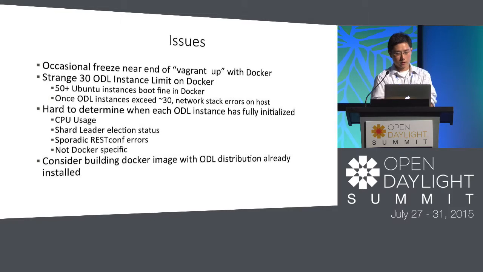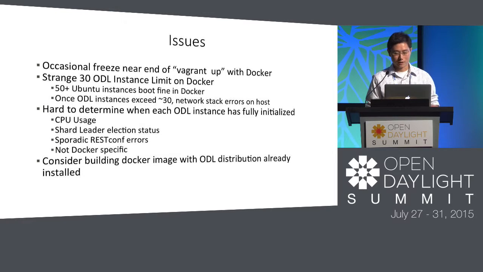Okay, and here are some issues that I found trying to use Docker. The first thing is that vagrant up is basically the command that you use to bring up all the VM instances. I did not figure out why this is, but on occasion, especially when I'm starting a large number of Docker instances, things will freeze.